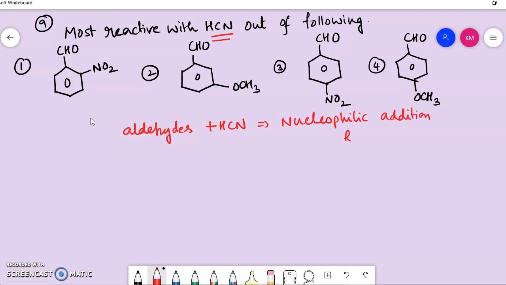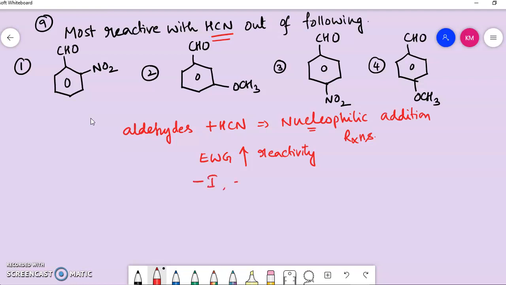This question is from aldehydes, ketones, carbonyl compounds, guys. So the reactivity of aldehydes towards nucleophilic addition reactions can be increased by electron withdrawing groups. Electron withdrawing groups increase the reactivity of aldehydes towards nucleophilic addition reactions, guys.